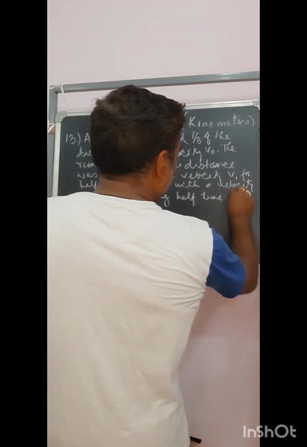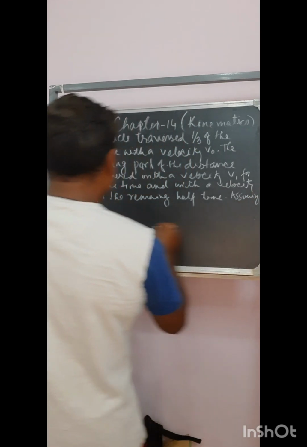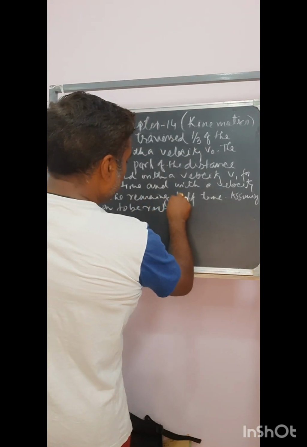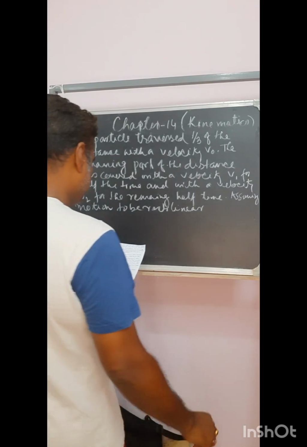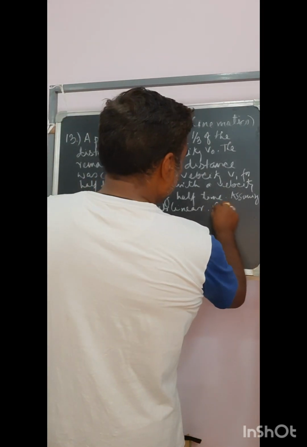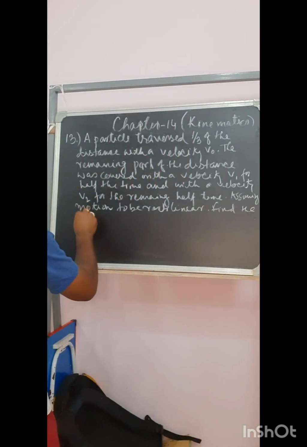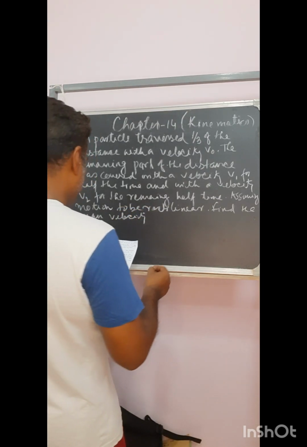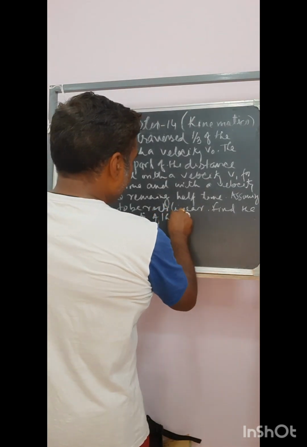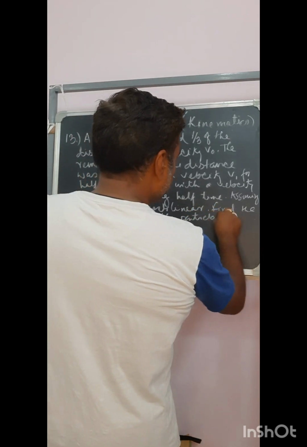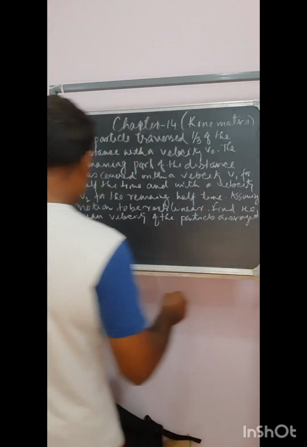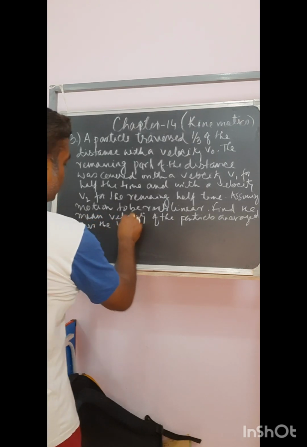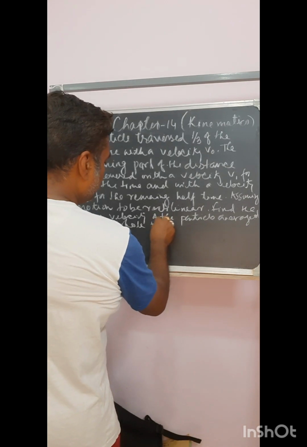Assuming motion to be rectilinear, find the mean velocity of the particle averaged over the whole time of the motion.